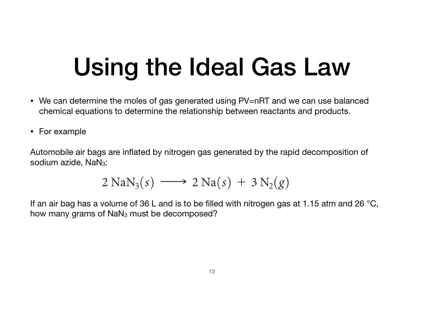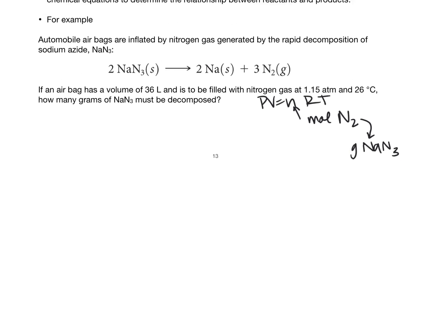In this calculation, when we set up PV equals nRT, n is going to be the moles of nitrogen gas. And then we can use a traditional balanced chemical equation to convert from moles of N2 to grams of NaN3. So let's set this up.